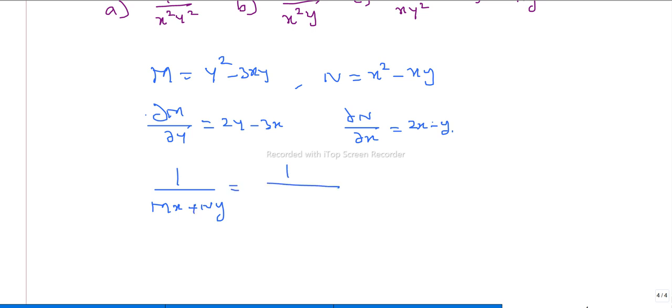So this is 1 by x into M, therefore xy square minus 3x square y, plus, if you multiply y, we have x square y minus xy square. Therefore the xy square cancels, and this is 3 times and this is 1 times, therefore we have minus 1 by 2 x square y, but minus is there, right?